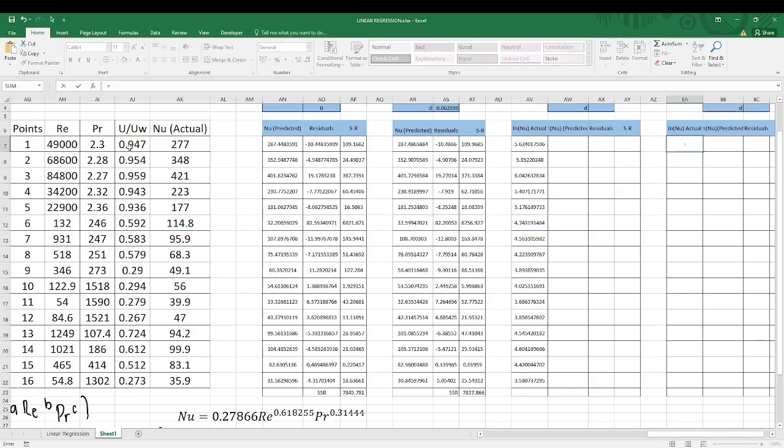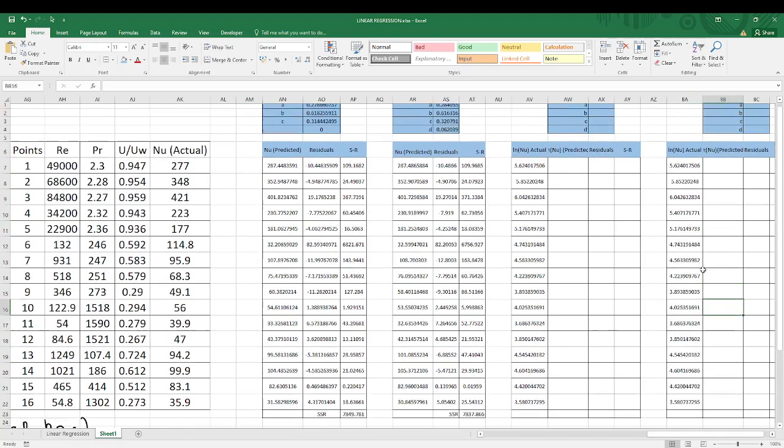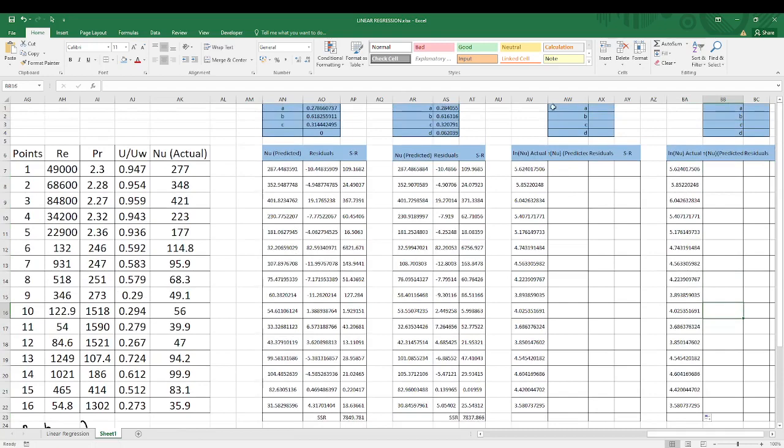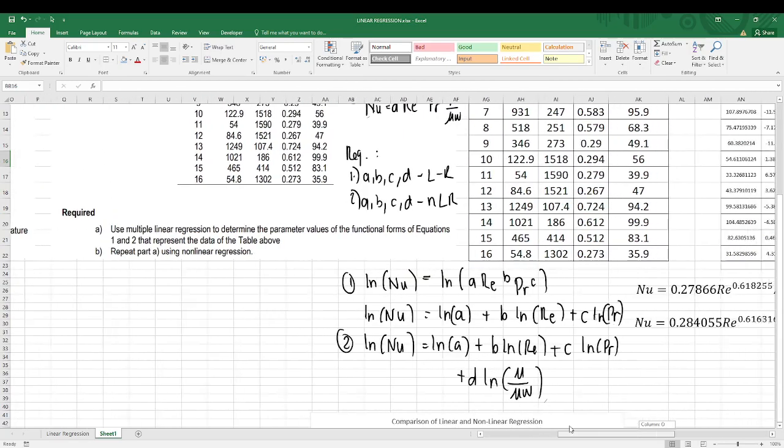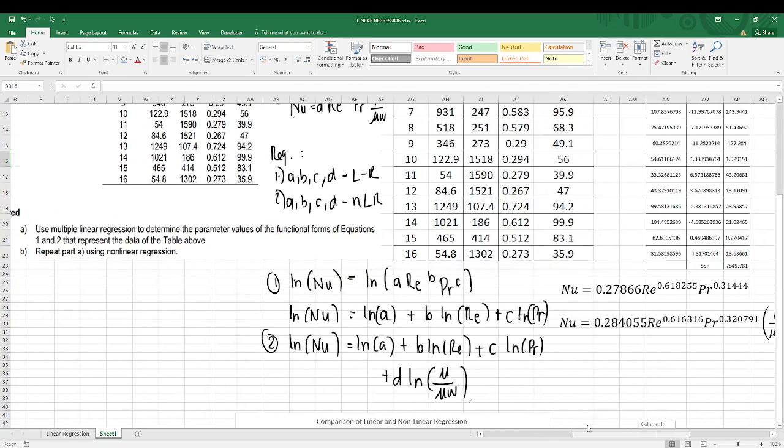So that should be ln of the actual, again ln of the actual, and drag this one. Yeah. So ln of the predicted should be based on the equations that we created.